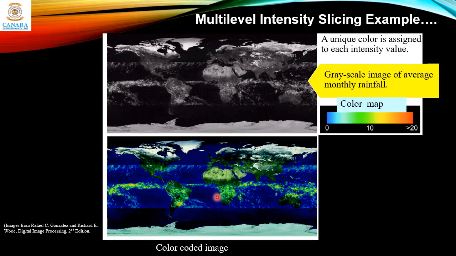This is the color coded image, and it gives more information than this image, more detailed, and we can see where we are getting more rainfall and where we are getting less rainfall.